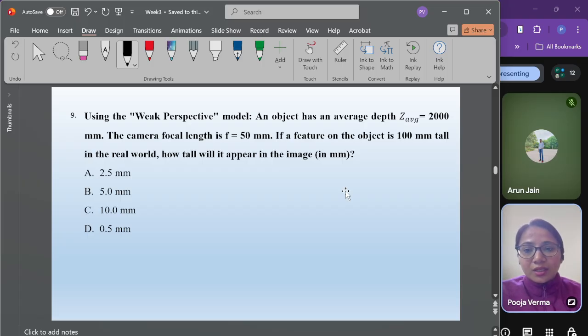Our next question is: using the weak perspective model, an object has an average depth, that is Z average, of 2000 millimeter, and the camera focal length is 50 millimeter. If a feature on the object is 100 millimeter tall in the real world, how tall will it appear in the image in millimeters?